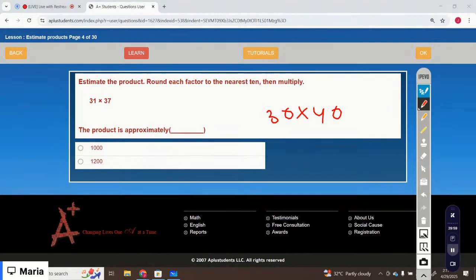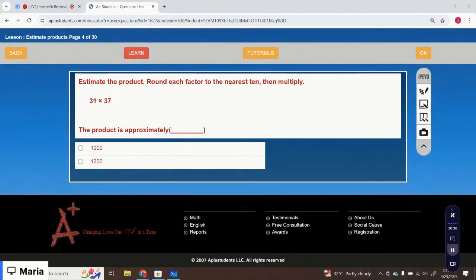So which is the correct option? The correct option is option number two, that is 1200. 1200 it is.